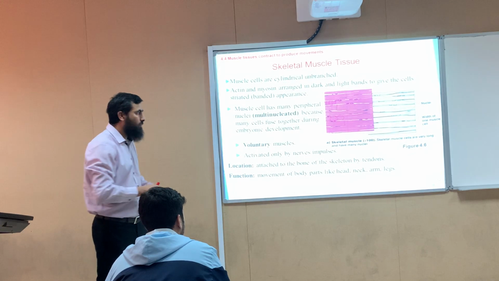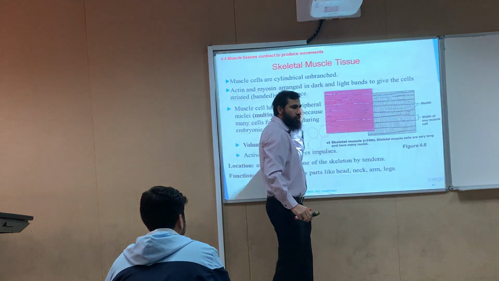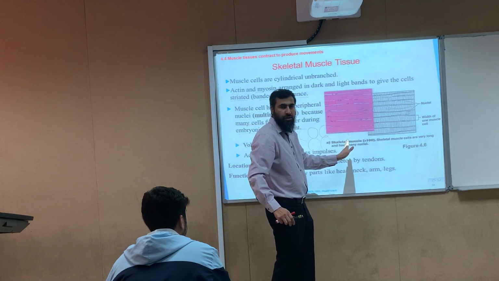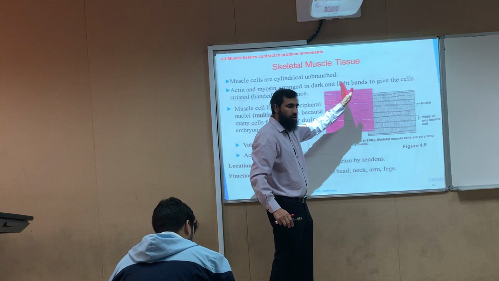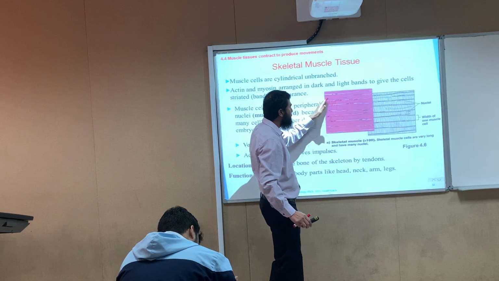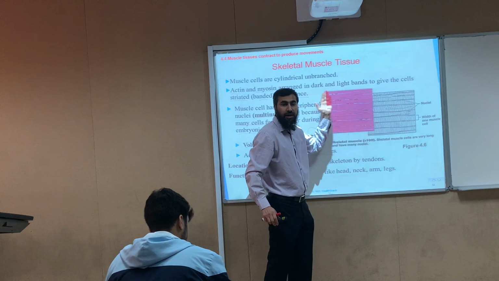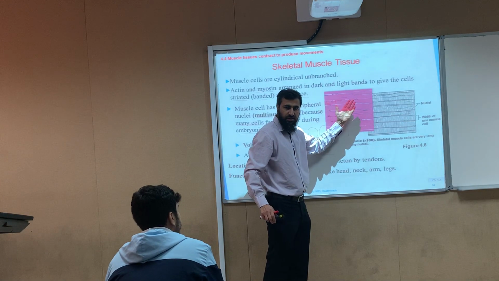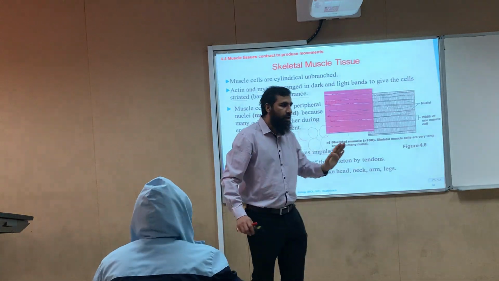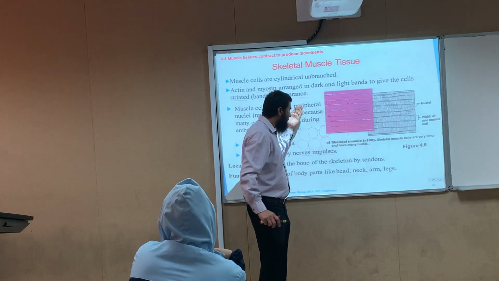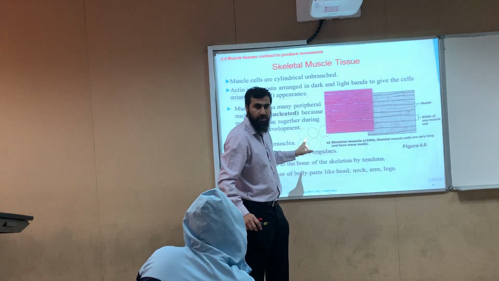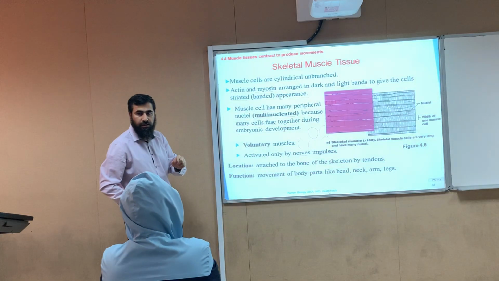Remember in the lab we learned about longitudinal sections? This is longitudinal, and this is cross section. If you do a cross section, you'll see the individual cells. Here it's longitudinal because we want to see the multiple nuclei and the arrangement of the fibers. It makes it easier. But if you have a section of the muscle in the lab, look around, you might find a cross section somewhere. You will see these cylindrical shapes. Does that make it clear for you?